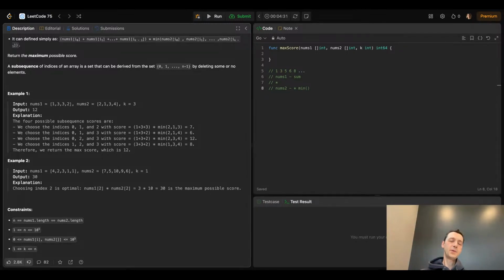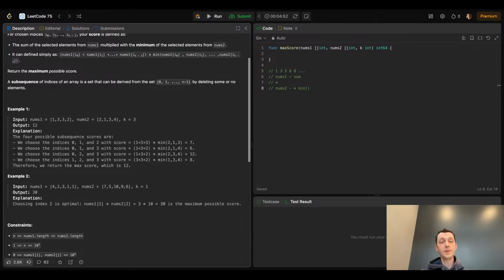Oh, there is no option. If you have to pick all of them, there is no option. If k is n, that's the maximum you're going to get. You have only one variation, one subsequence.